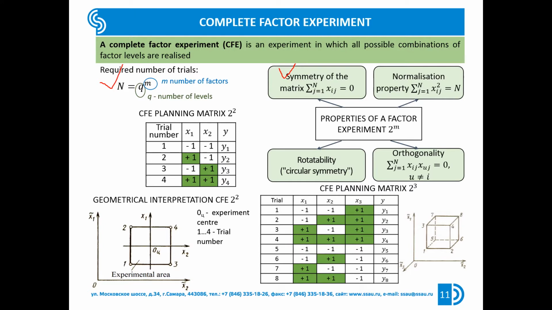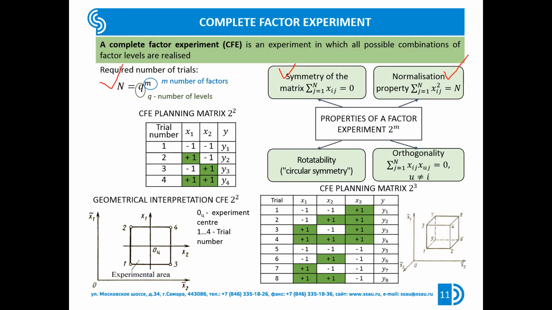The normalization property, the consequence of which is that the factors in the matrix are given by the levels +1 and -1. The sum of the squares of the elements of each column equals the number of trials.